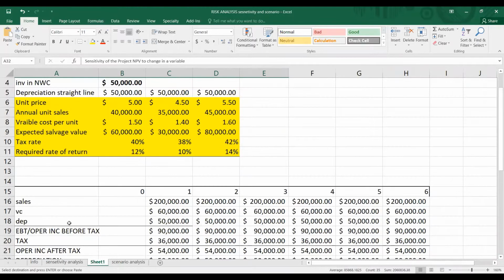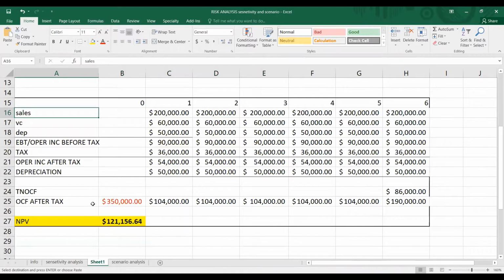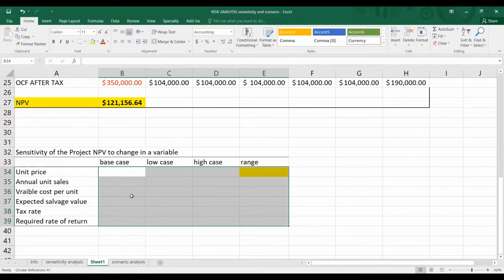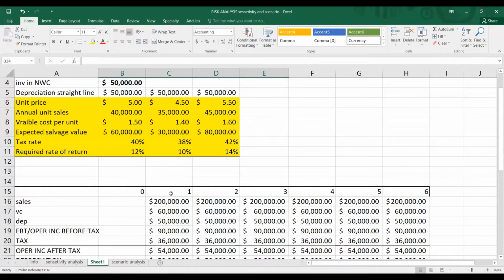Now, constructing the cash flow projection, following the basic rules. For example, if you want to estimate the sales, what do we do basically? We multiply the unit price with the annual unit sales: how many units you sell and for how much you sell it.